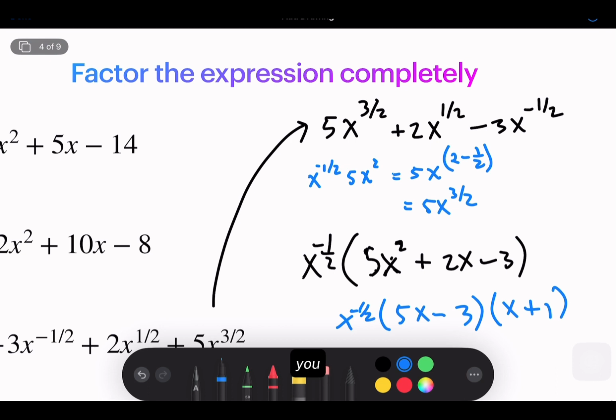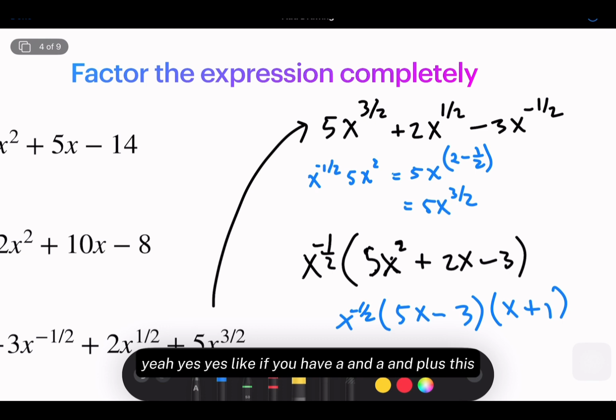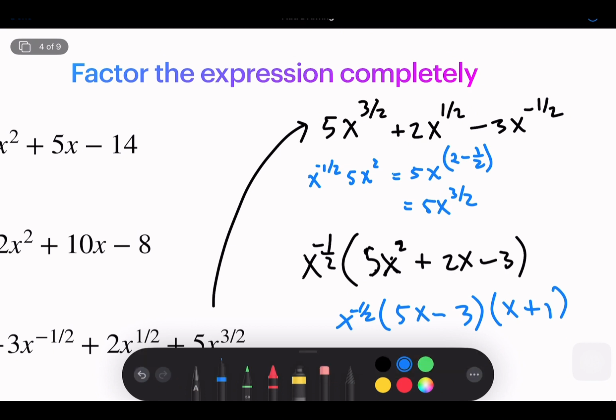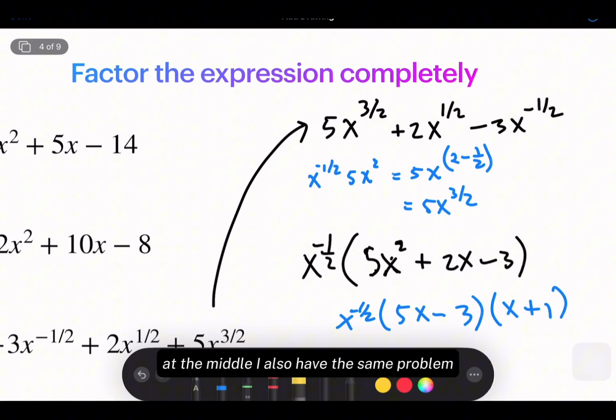Okay, now you see the complications. Ready? Okay, right? So remember the exponents. Like if you have a to the m over n, or a with m and then a negative n, it means that you minus it, right? Okay. Get it? At the middle, I also had the same problem.